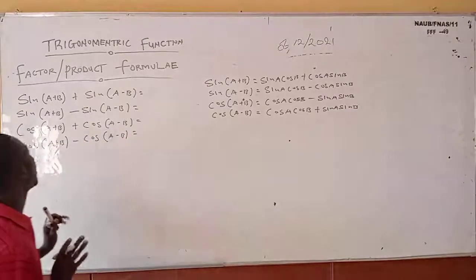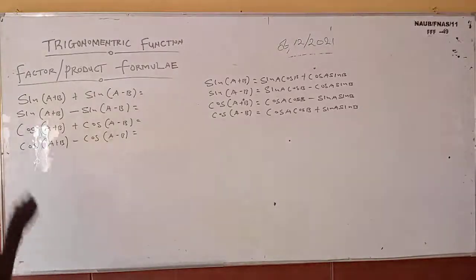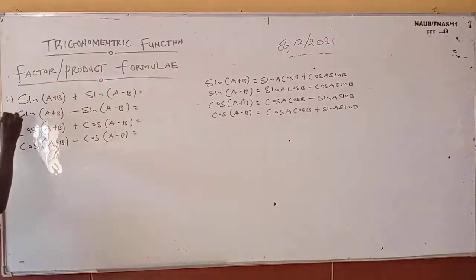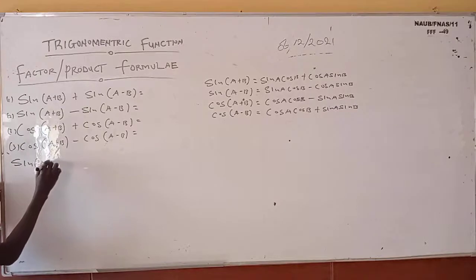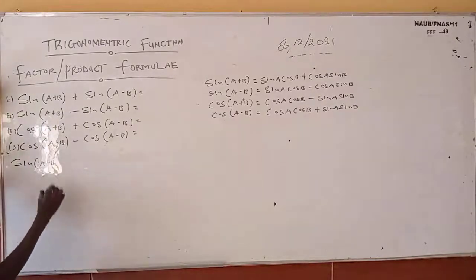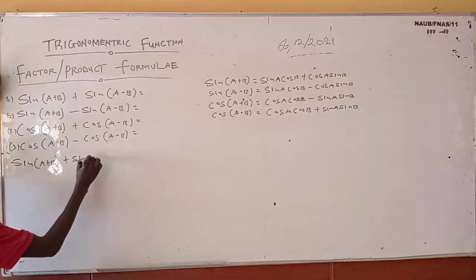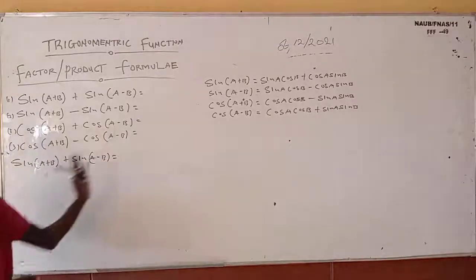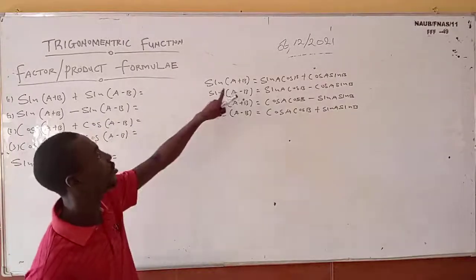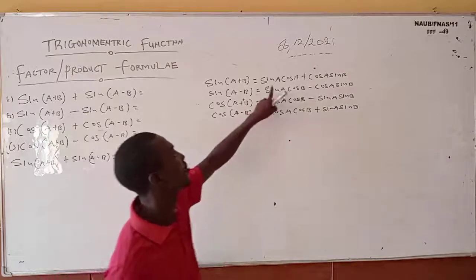So now, this expression that is here, let's start with this one. So for one, we have sine A plus B plus sine A minus B, equals to, now, from our compound angle, I already know my expression of sine A plus B. Sine A plus B is nothing but what?